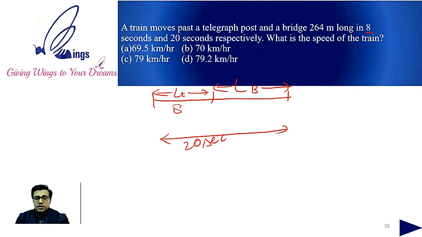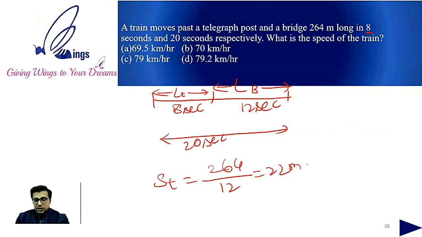So for LT it is taking 8 seconds. For LB how much will it take? 20 minus 8, so the time is 12 seconds, and the length of bridge is already given, 264. So the speed of train is equal to 264 divided by 12. This is 22 meter per second. And when we convert that into kilometer per hour, this will be 79.2 kilometer per hour.